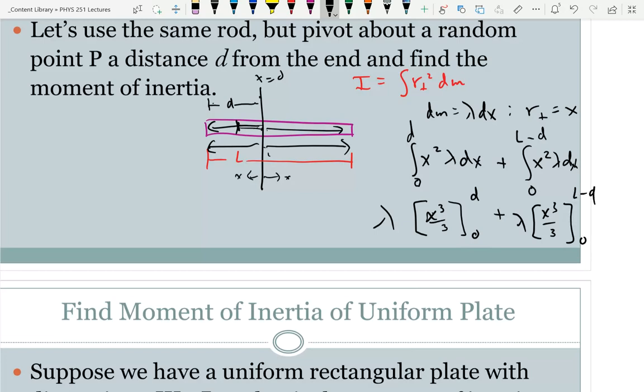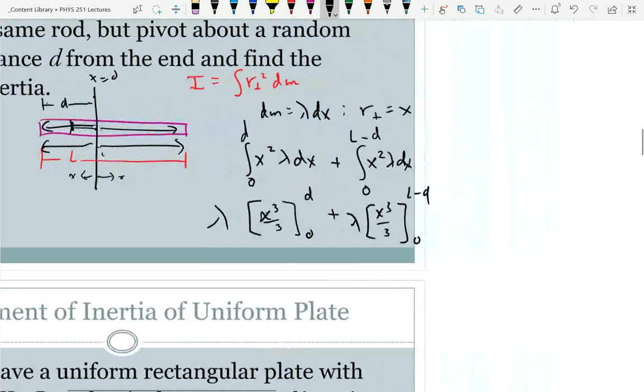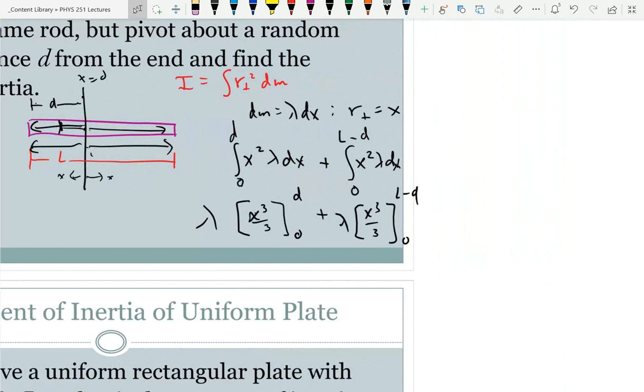Now, what's the difference between going from minus D to plus L minus D? If I had done one integral going from minus D all the way to L minus D, this term would have a negative sign and the limit would be negative.